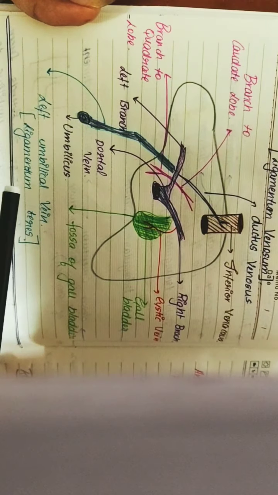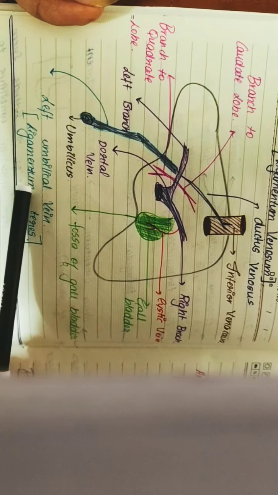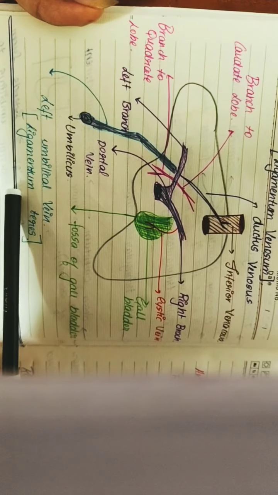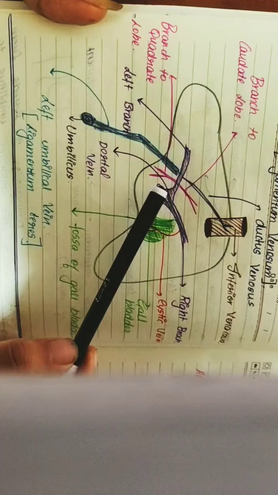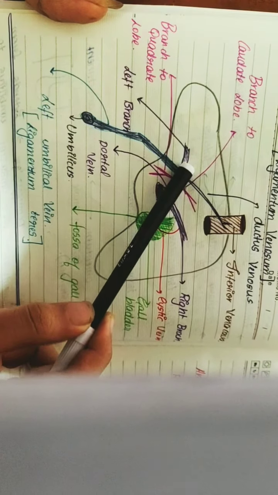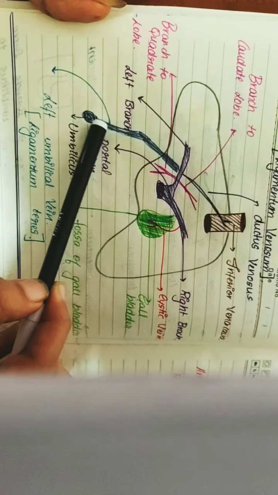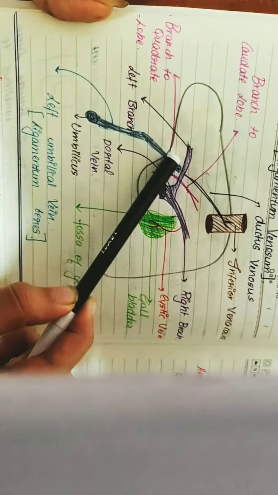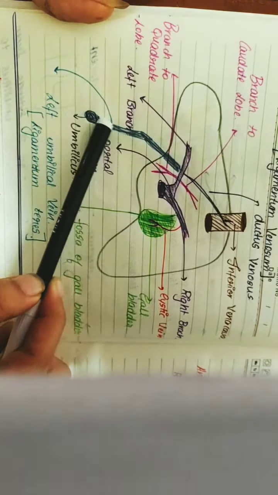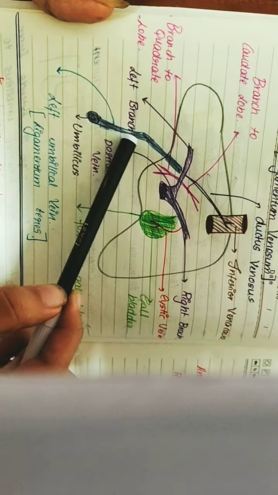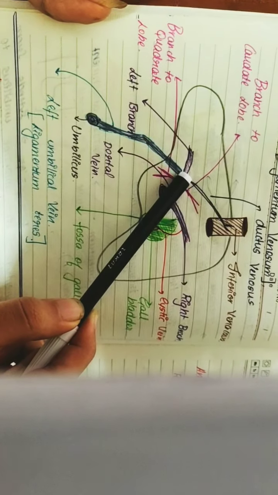Ligamentum Teres was the remnant of the left umbilical vein. Listen properly, Ligamentum Teres is the connection from the umbilicus till the left branch of the portal vein.